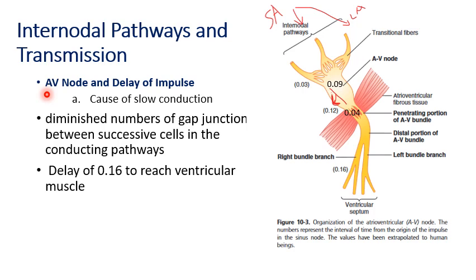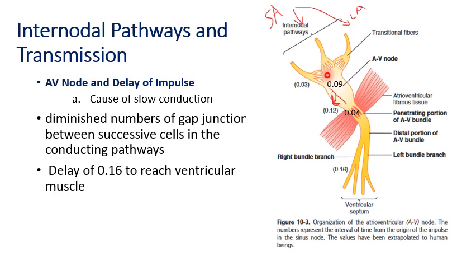So when the impulse reaches the AV node, there will be a considerably slow conduction of the signal, and that makes a delay of about 0.09 second before it reaches the ventricle. And there is a further delay in the penetrating portion of the AV bundle, about 0.04 second.